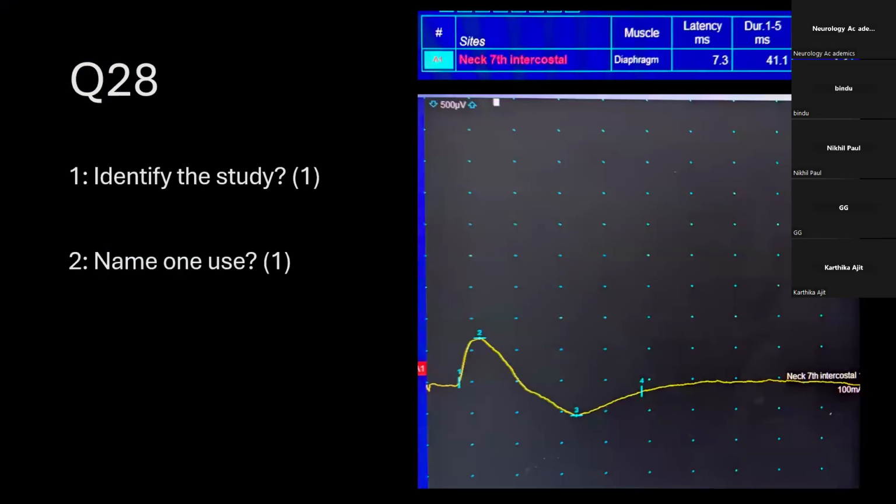Next question. Identify the study and name one of the use of it.